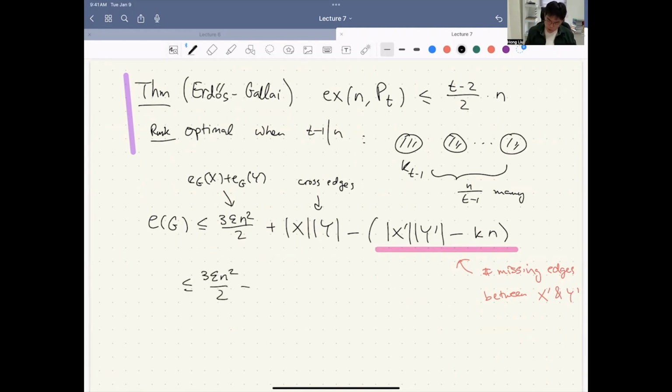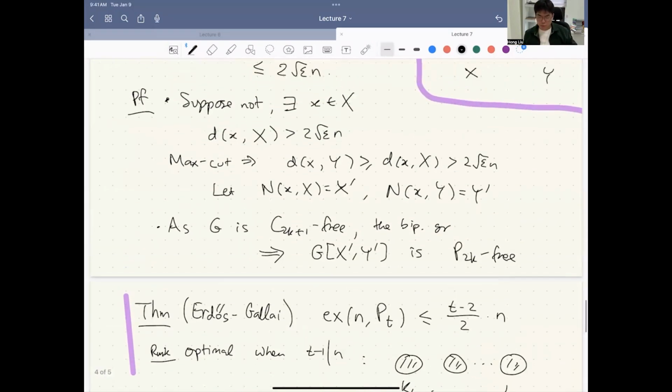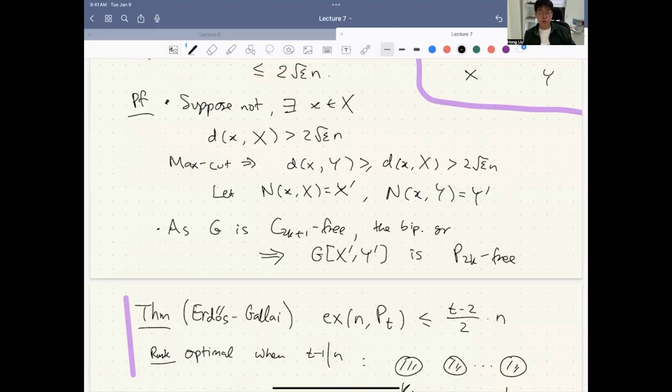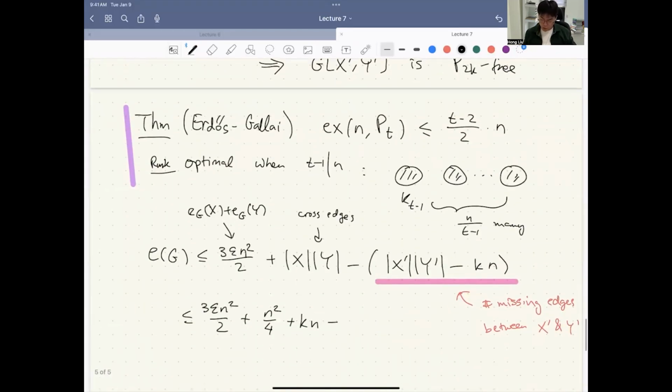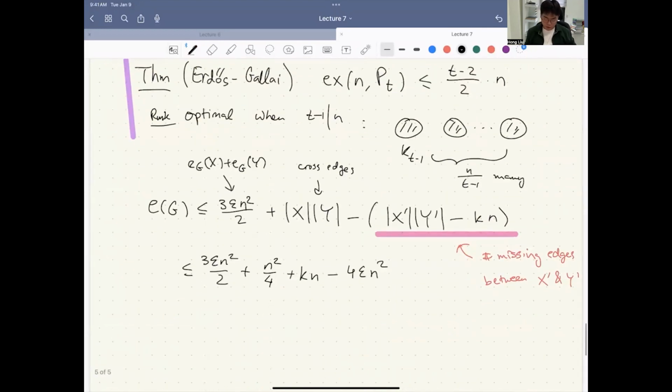X times y is at most n squared over 4, no problem. Plus kn, minus: x prime, y prime are both larger than 2 square root epsilon n. So their product is at least 4 epsilon n squared. So again, we arrive at a contradiction.